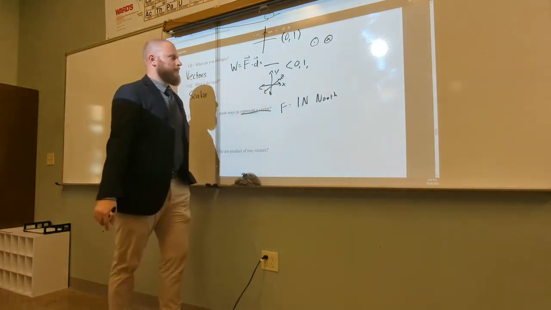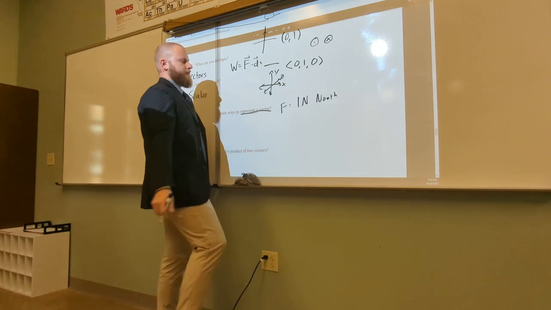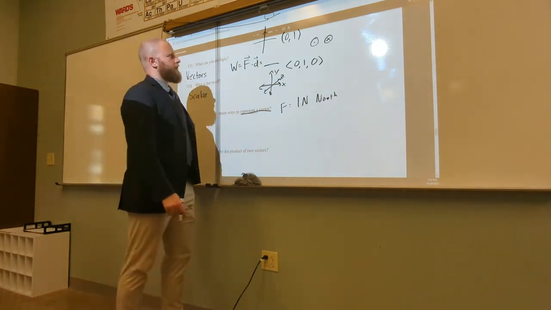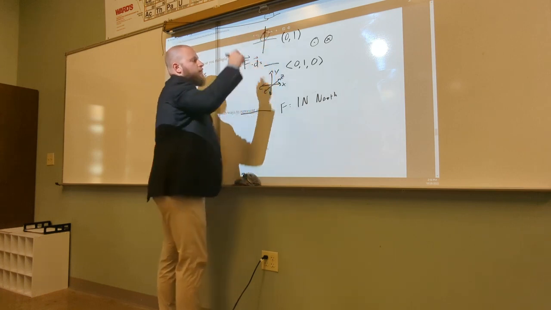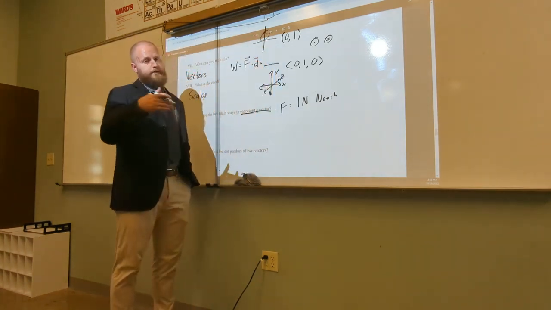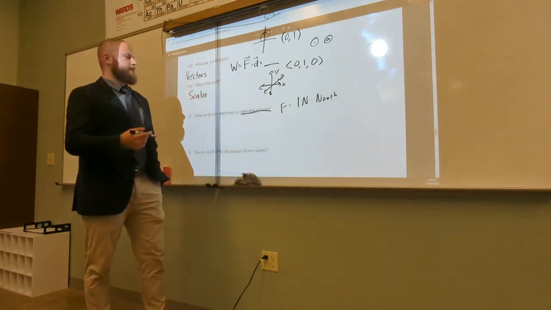Since it's just north, that would be 0, 1, 0. So this vector is 0 in the x direction, 1 up, and 0 in the into and out of the board space.